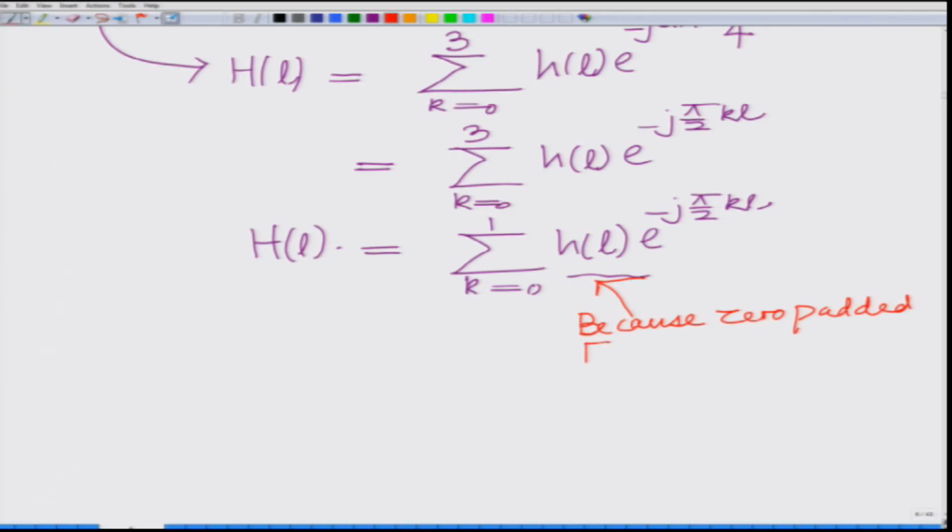We have h0 and h1, and h2 and h3 are really speaking 0. One way to think about this 0 padded FFT is to say that only small h0 and small h1 are non-zero, while small h2 and small h3, that is the second and third channel taps, are 0. Okay, that is the same thing.